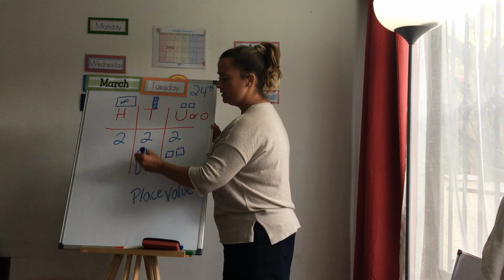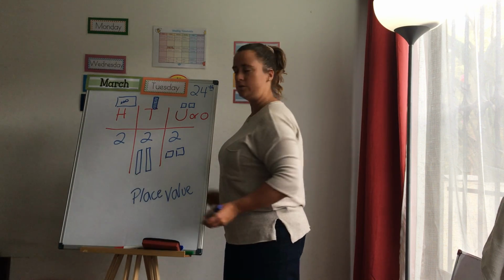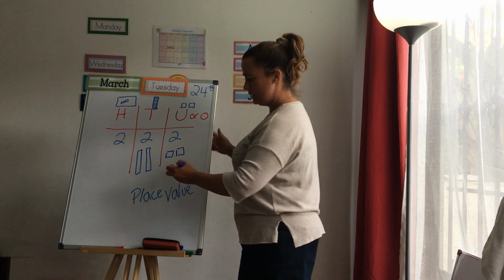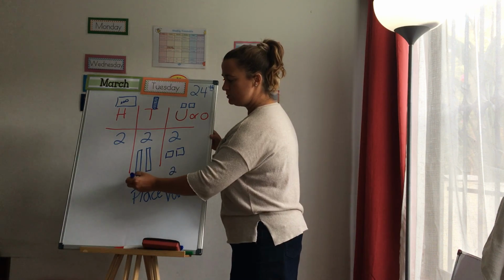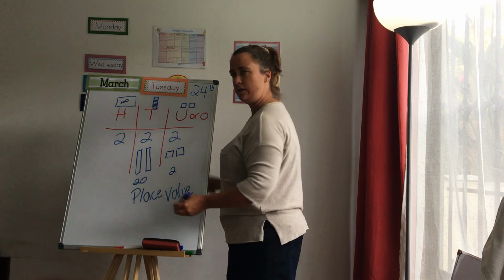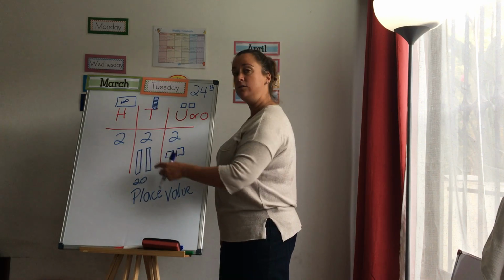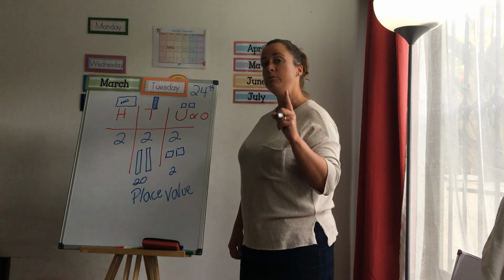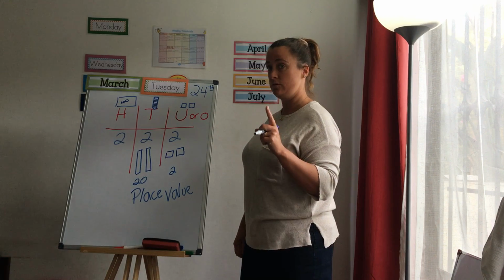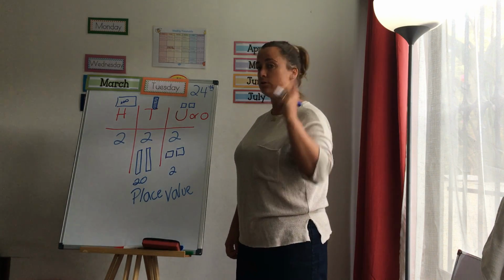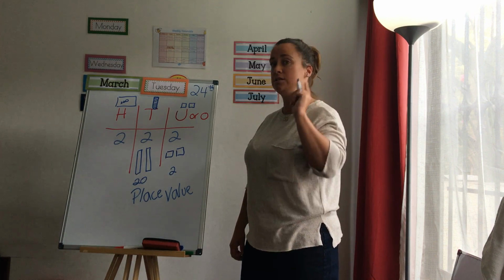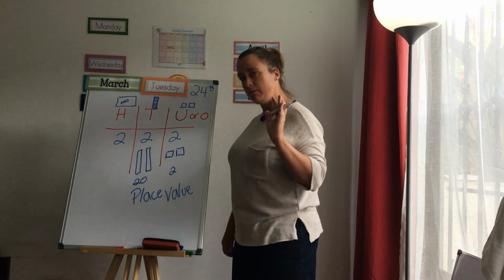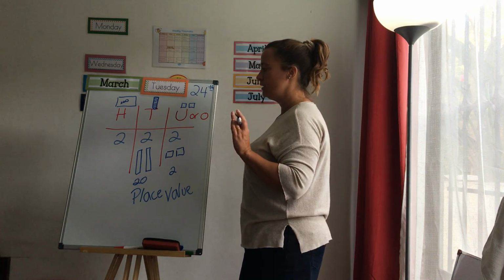So I need 2 of the long ones. This is 2. This one is 20. Remember, 1 ten, 2 tens. Remember we saw this back at school, with drawings and everything. So try and look it up in there because it's still in there, I'm sure. Maybe a little bit hidden, but it's there.